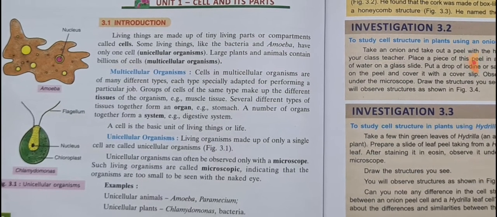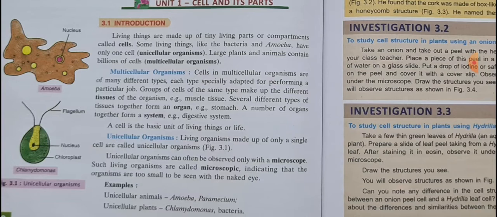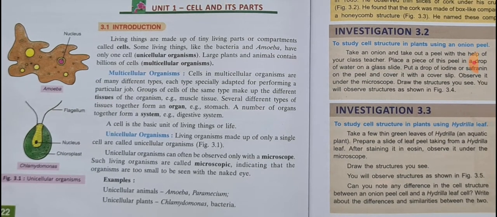The multicellular organisms are of many different types of cells, and each type is specially adapted for performing a particular job. A group of cells of the same type makes up different tissues, like muscle tissue and so on.